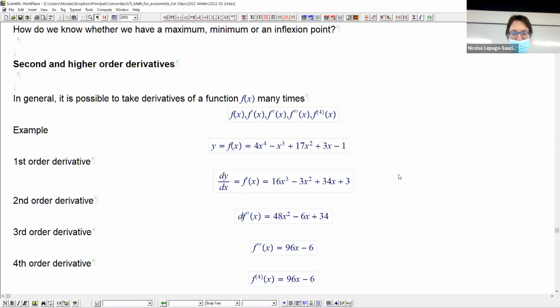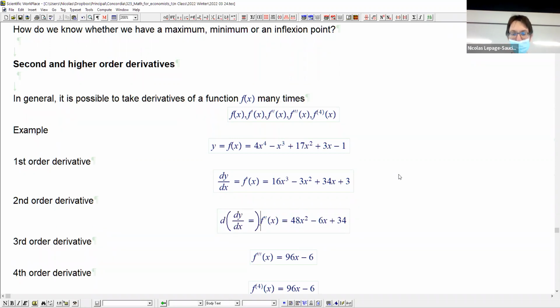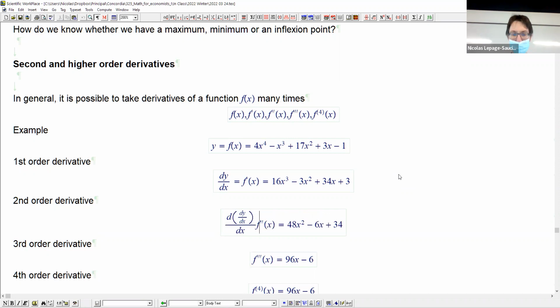So it's d/dx of dy/dx. So what is that? Well, I can just take the d and put it together with this other d, and then put this dx together with this other dx down there.